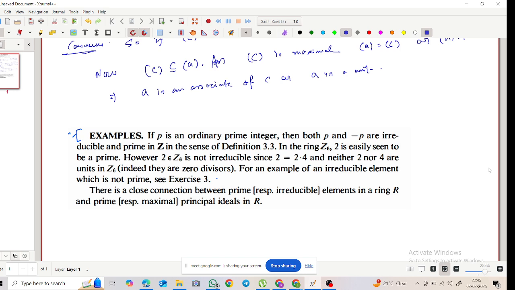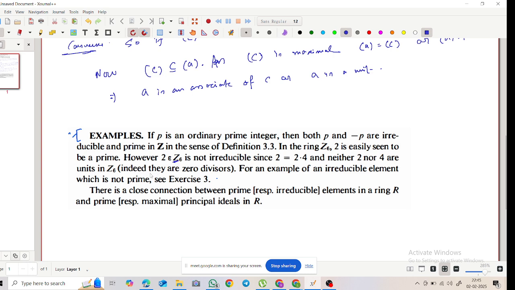Okay. So why does this example work? Look at this thing.